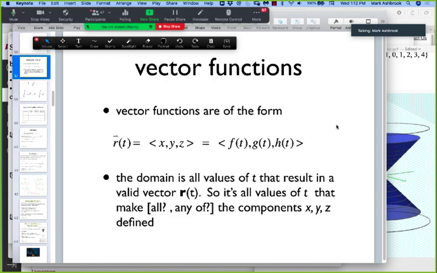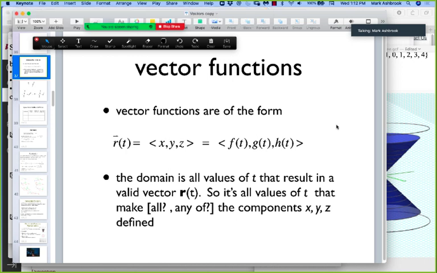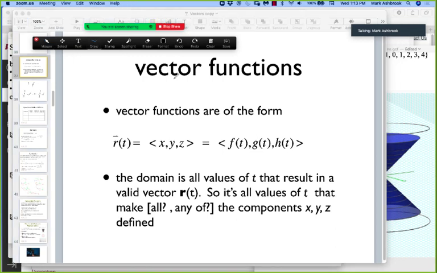So vector functions, we know the idea of a function is that there's an input quantity or thing, and then there's an output quantity or thing. So it's like independent and dependent, right? So the idea of a function is that you have an independent and a dependent.